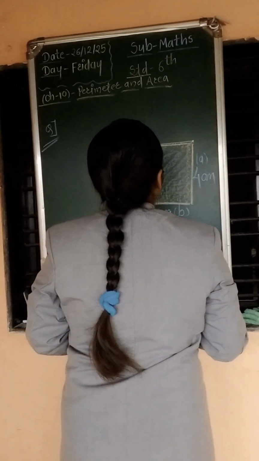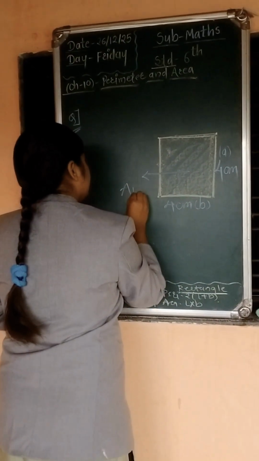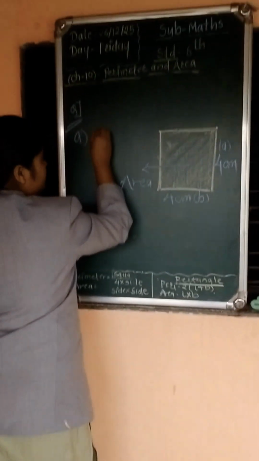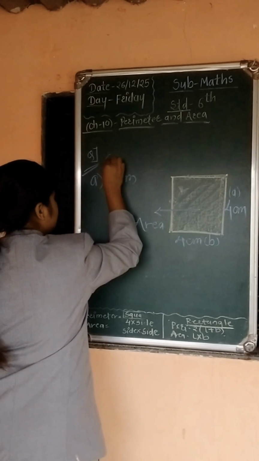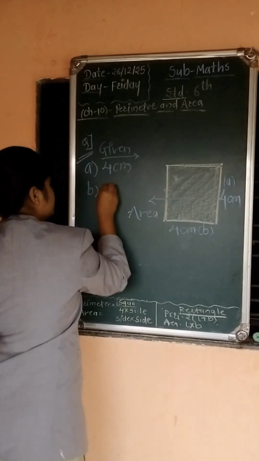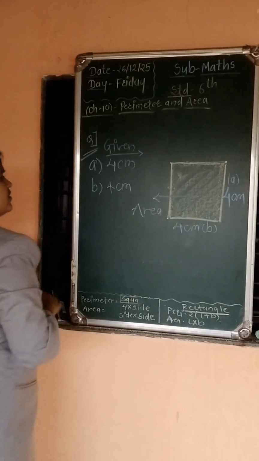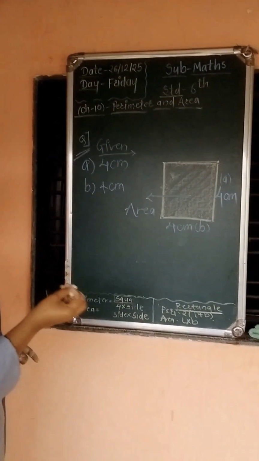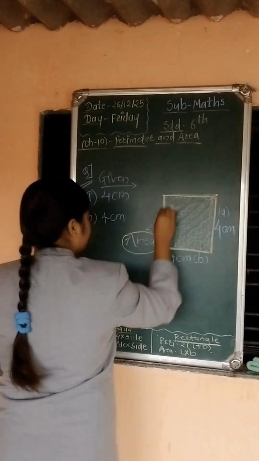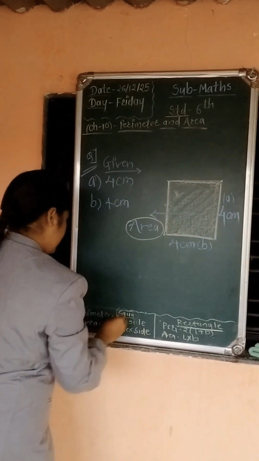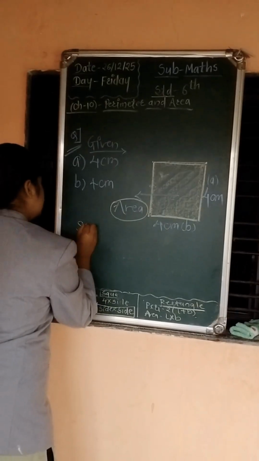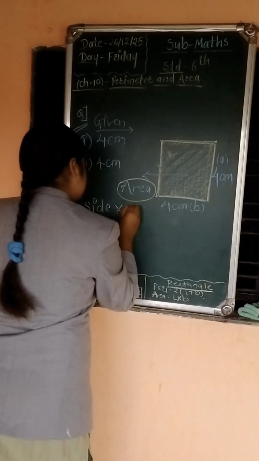So students, we have to find the area of the square. What is given? Side A is 4 centimeter and side B is also 4 centimeter. Let's put the values into the formula. We have the formula for the area of the square: side into side.